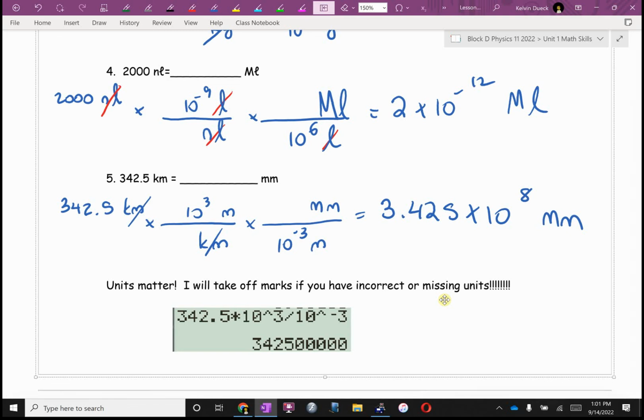I wrote my answer in scientific notation, but you don't have to. I might be wrong. I did it in a hurry.